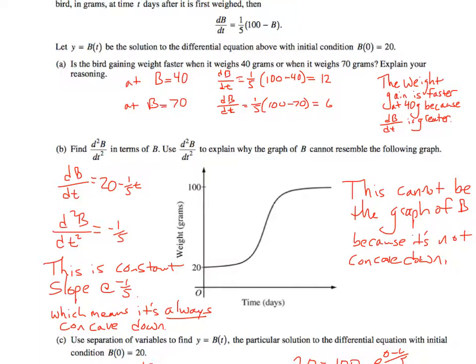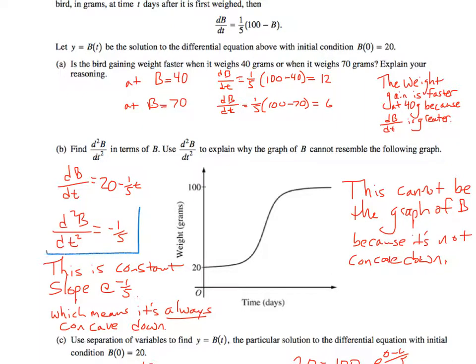That's the idea. The second question is asking about the second derivative. So find the second derivative in terms of B. Well, if we take our simplified version of that function, just distribute out the 1/5, we get this right here. And if we take the derivative, we get negative 1/5.